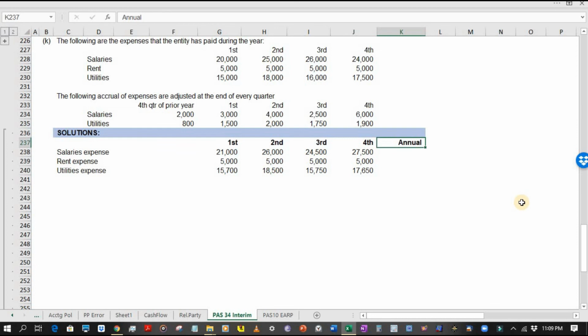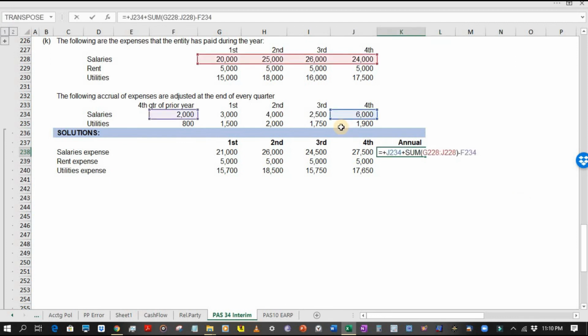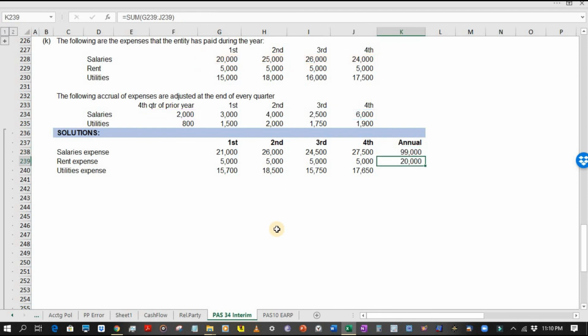But for the annual reporting, our salaries expense will be 99,000 pesos. This is the total of all salaries expense that has been presented in the income statement for each quarter during the current year. Or it may be computed as 6,000 plus all the salaries payments less the beginning balance of salaries payable. Then for the rent expense, our total rent expense is 20,000 pesos.